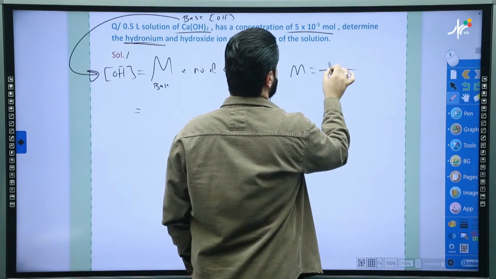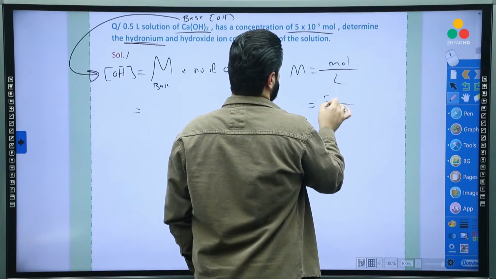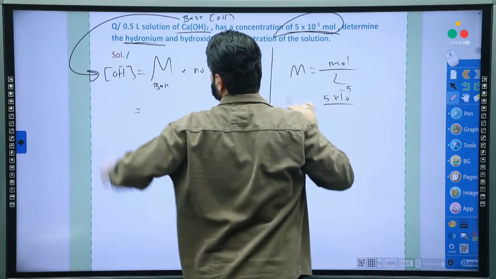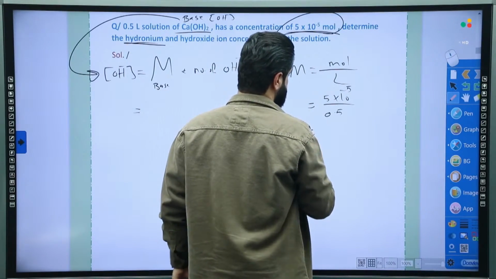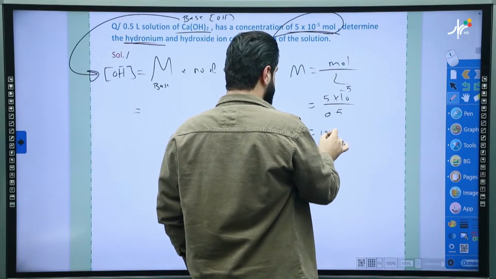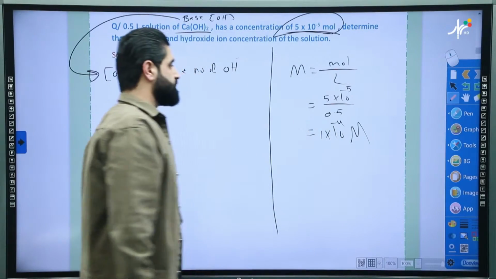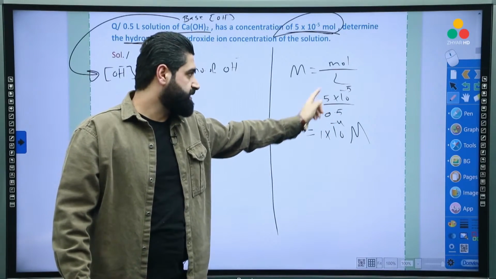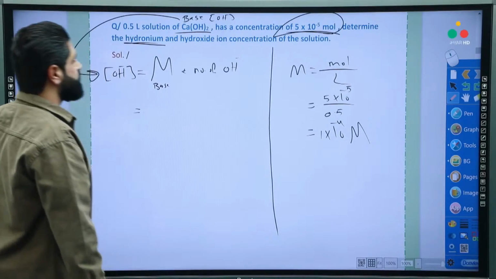Molarity equals mole per liter, equals 5 times 10 to negative 5 moles divided by 0.5, so it equals 1 times 10 to negative 4 molar. Dividing by 10 to negative 5 gives 10 to negative 4.